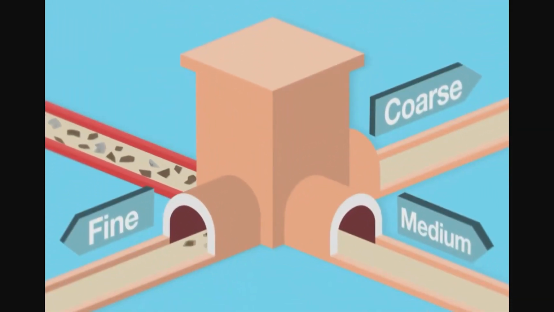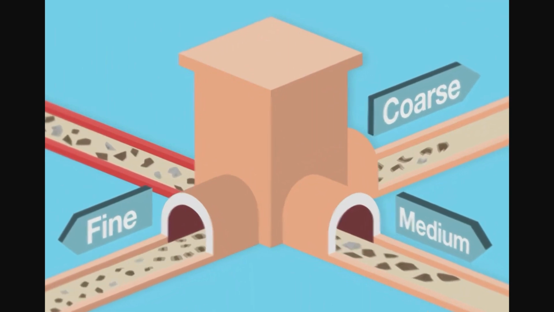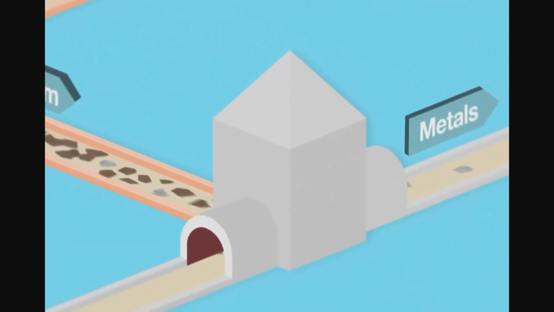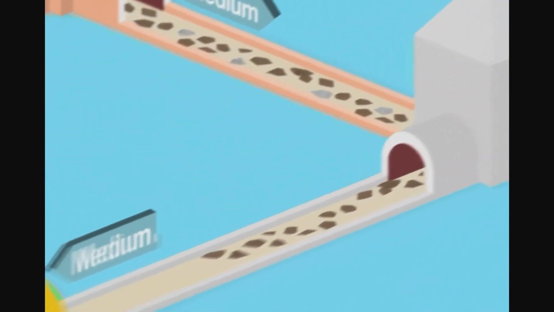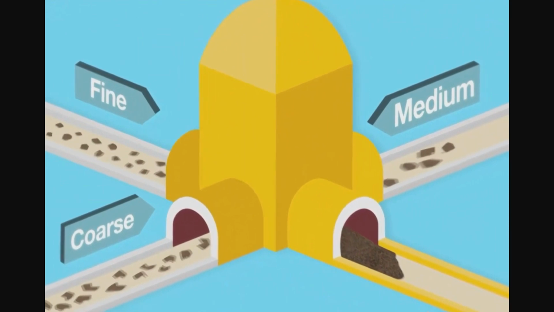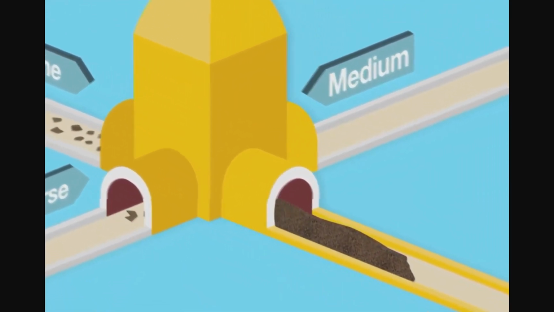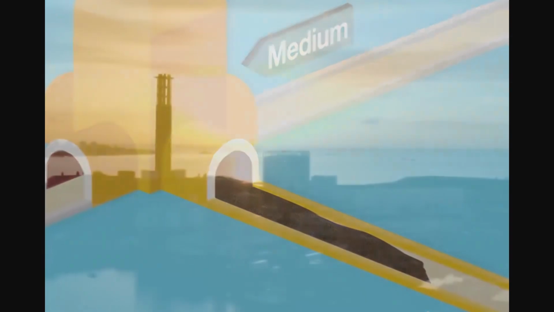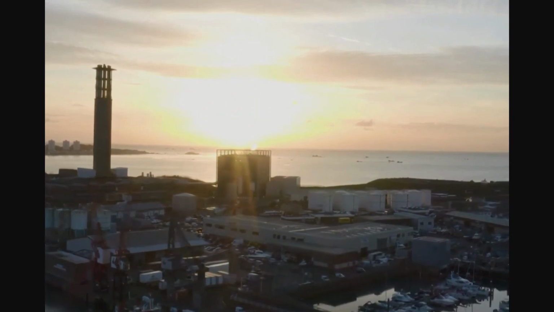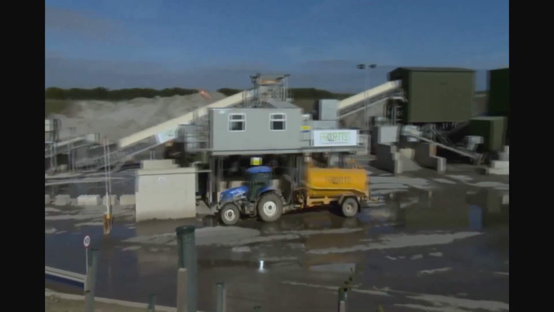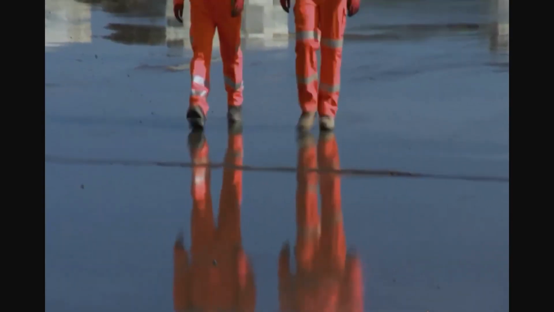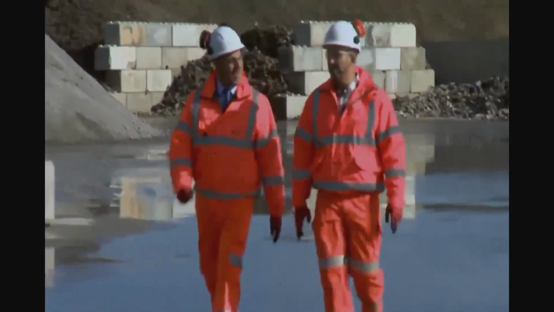And again this is getting segregated into fine, medium and coarse material, and here the metal is getting separated by the eddy current separation technique. So, this is the aggregate they produced. These aggregates are used for construction purposes.